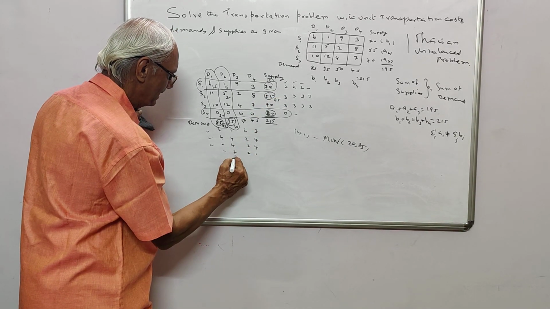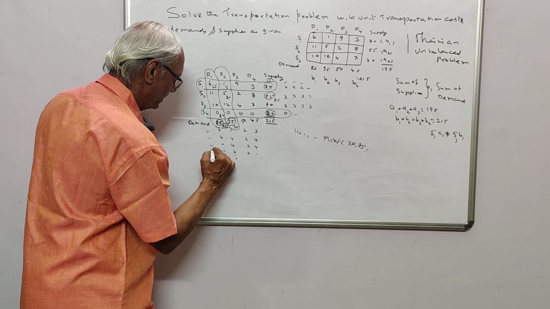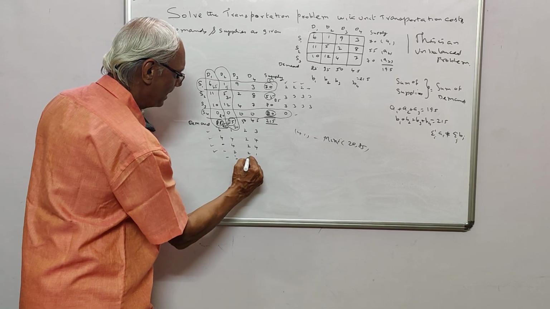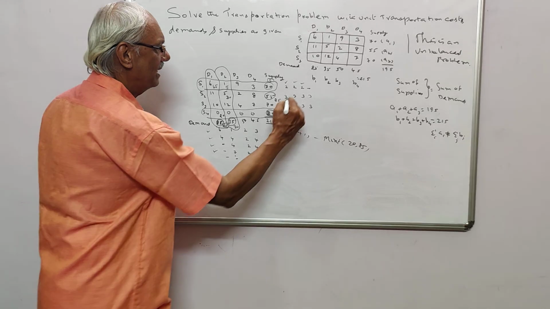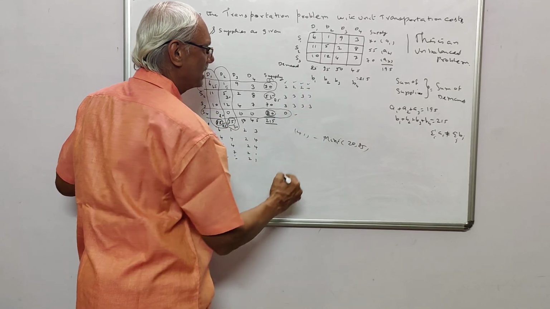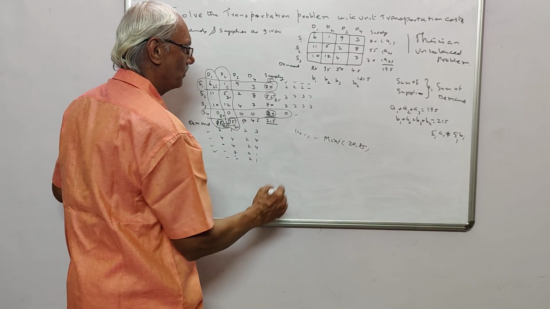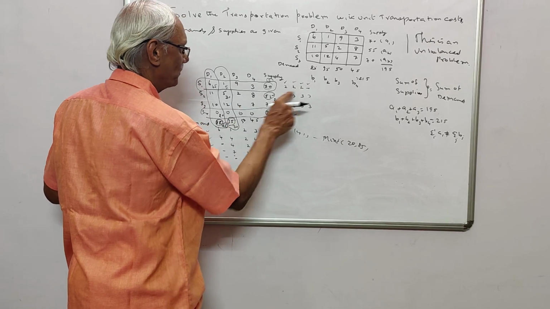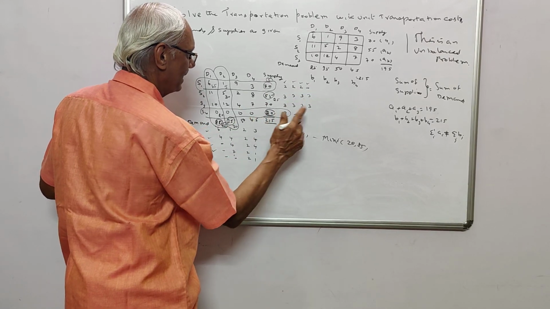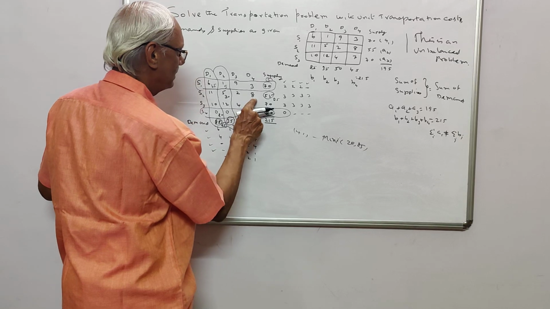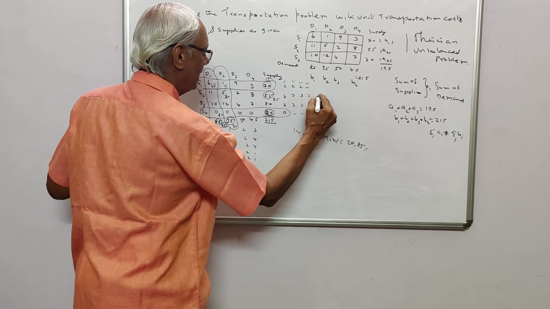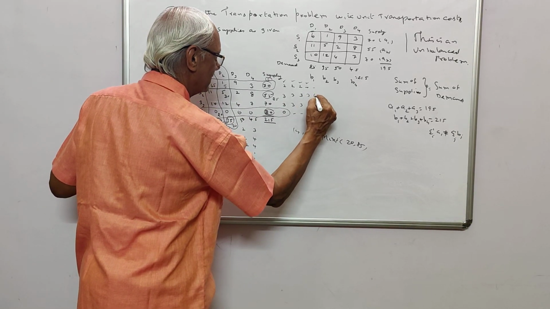So you see that this column is closed. Now this will remain the same. And with respect to this row, we have done the problem. Now come to this. This is over, and this is also over. Now come to this. This is 2 and 8, and it is 6.